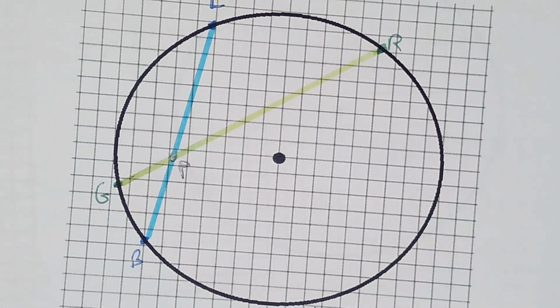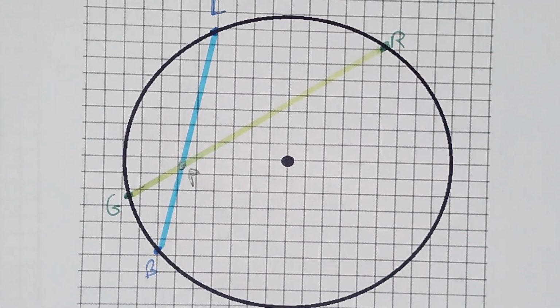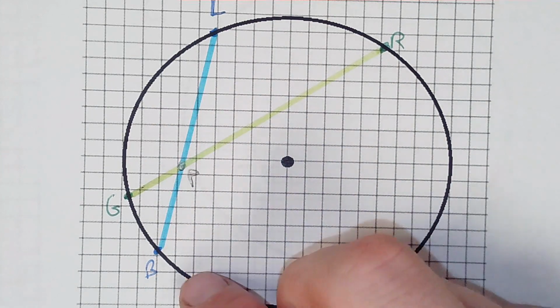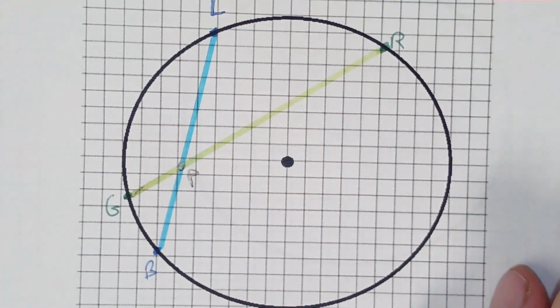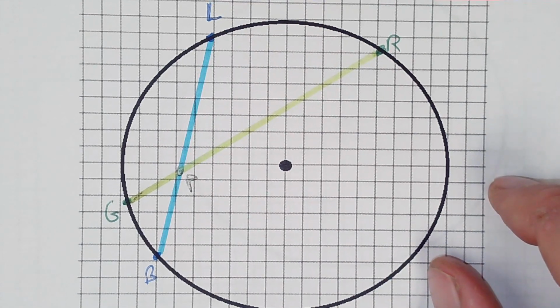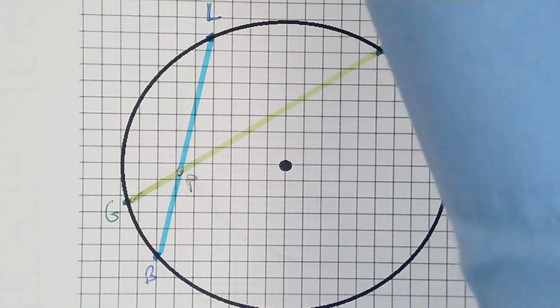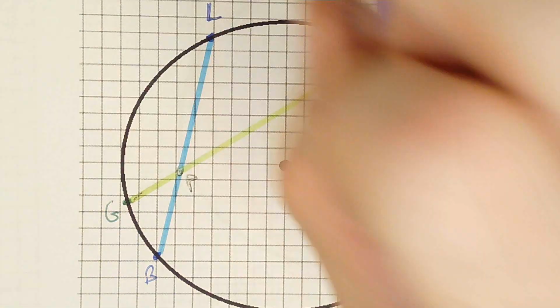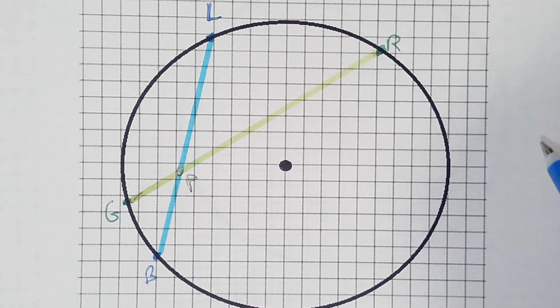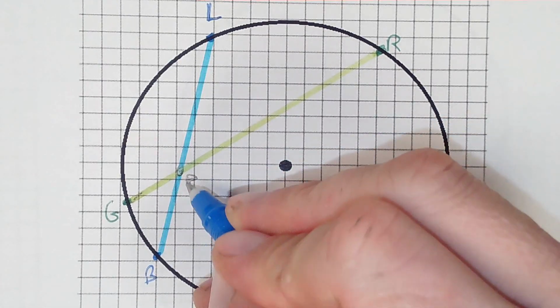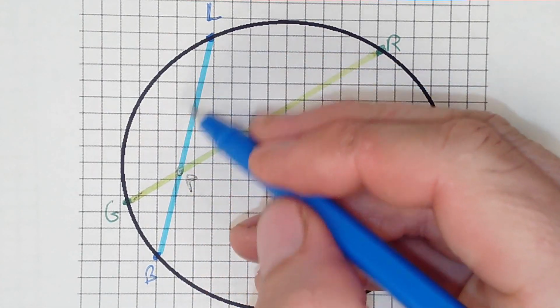Well, if I want to figure the relationship between these line segments, look like this. The relationships are the short line segment and the pieces of the line segment.